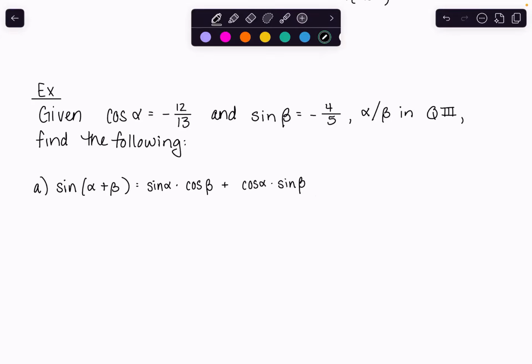Okay? I'm told what cosine of alpha is, and I'm told what sine of beta is. So now I need to figure out what sine of alpha and cosine of beta are. So we need to find sine of alpha, which, because alpha is in quadrant 3, is going to be negative.